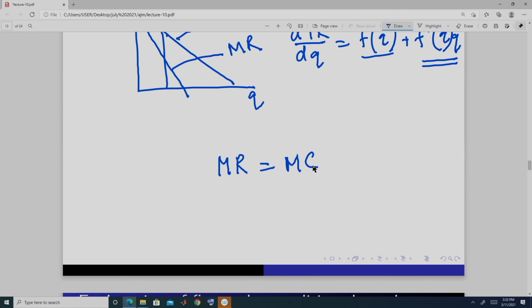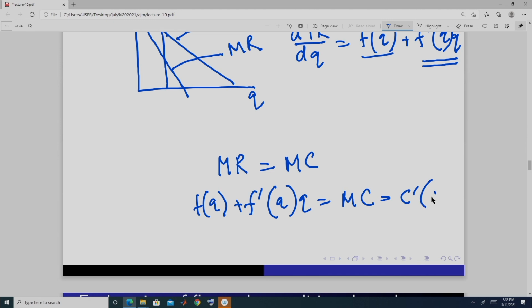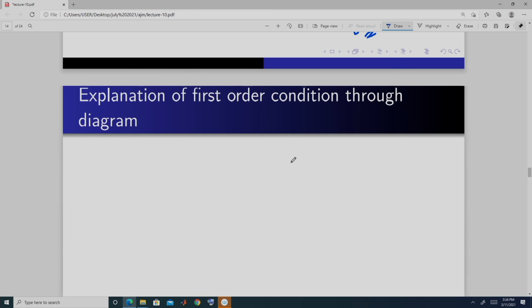And we can solve this equation, which we get like this, and solving this we will get the optimal output Q star. Okay. Now, let us diagrammatically explain how the optimal output is determined.